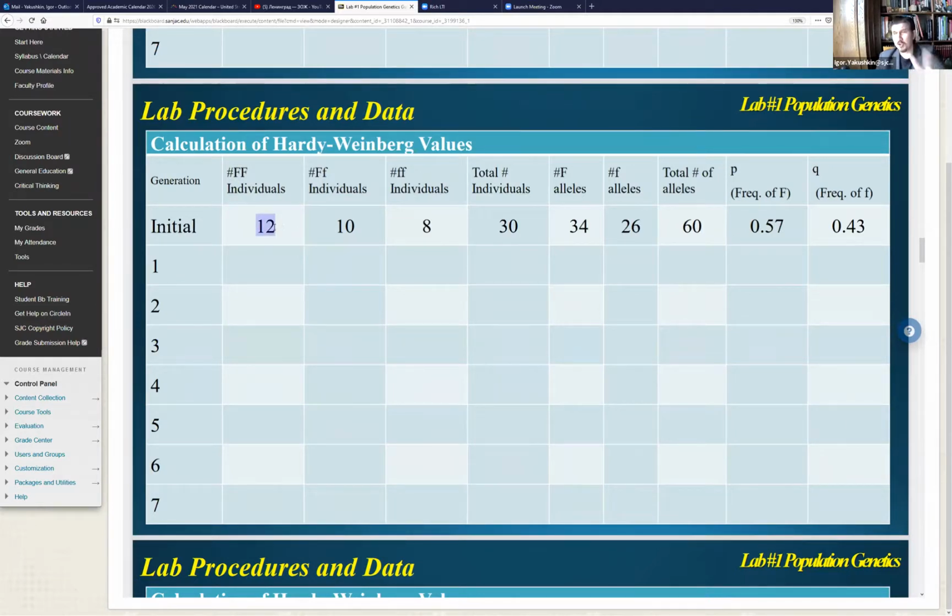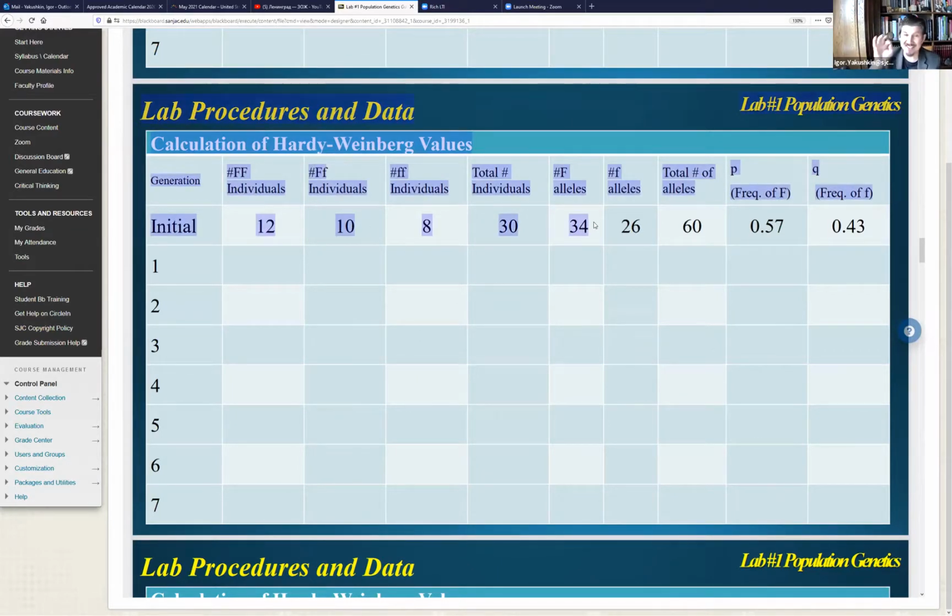Each one of them has 2 capital Fs. So 2 times 12 is 24, right? Everybody agree with me on that one? And then we have those individuals which also carry capital F, but there are only 10 of them. So 24 plus 10 is 34.